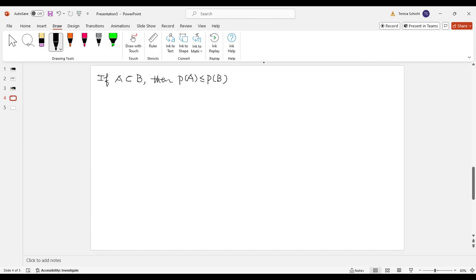Let's take a look at the Venn diagram, and maybe we can get a better idea.